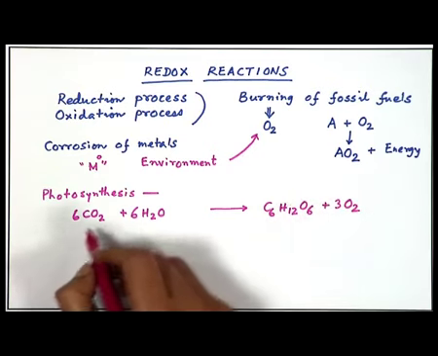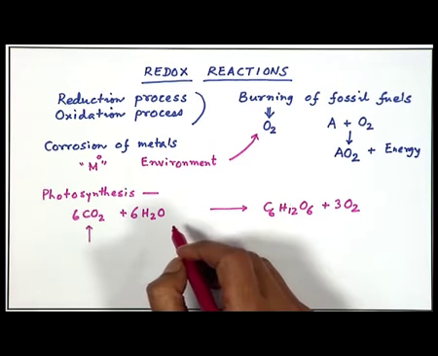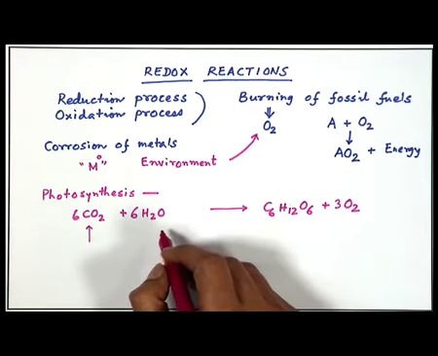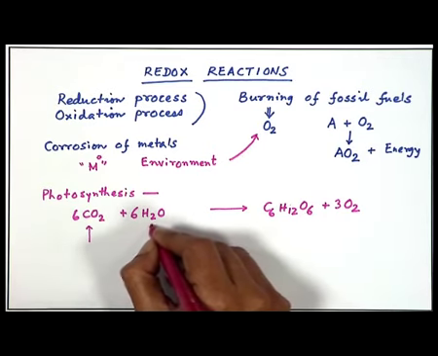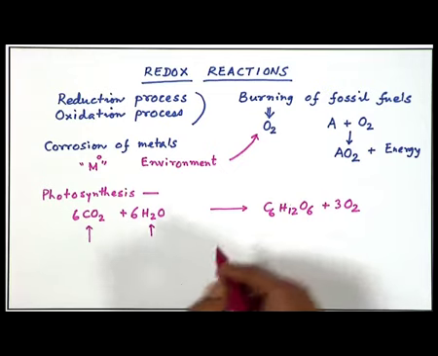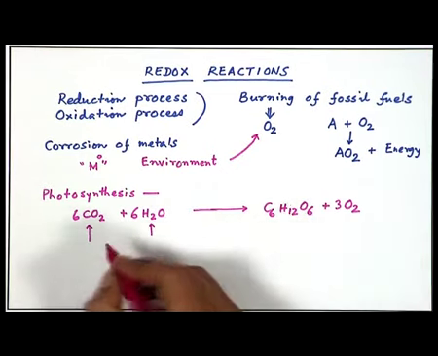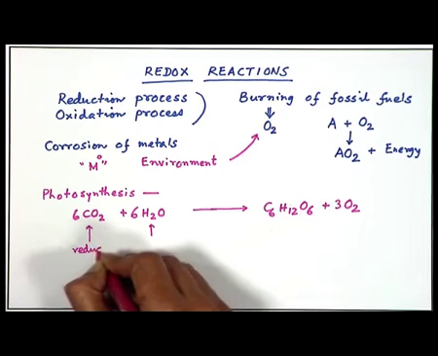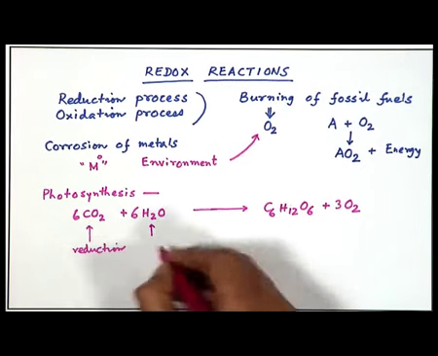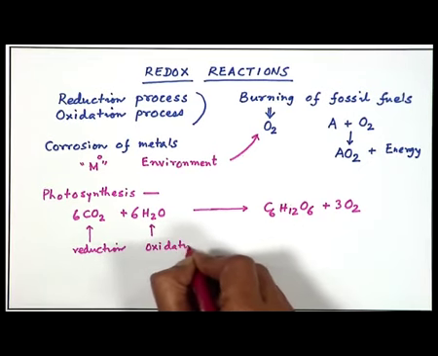In this process, we see again a very simple case of oxidation and reduction, where CO2 and water molecules take part actively to give the corresponding C6H12O6. The CO2 molecule is undergoing reduction and the water molecule is undergoing oxidation.